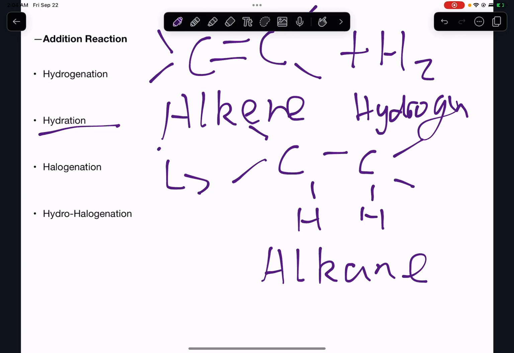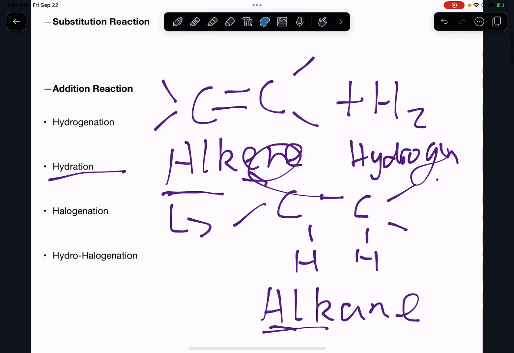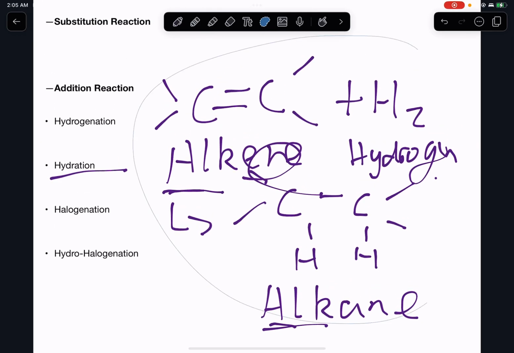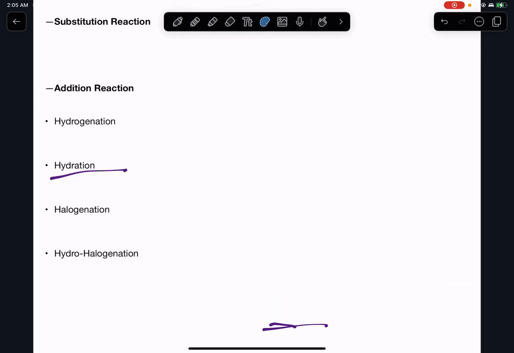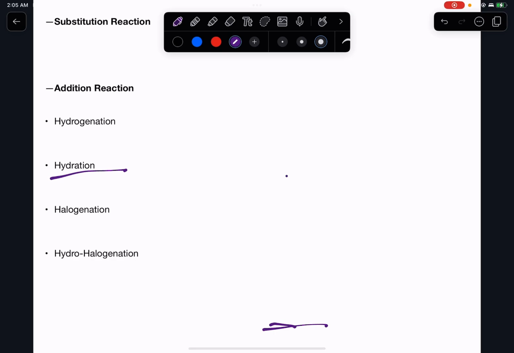You notice the first letters are exactly the same, except the last letters are replaced, and the hydrogens actually change the meaning of the word as well.